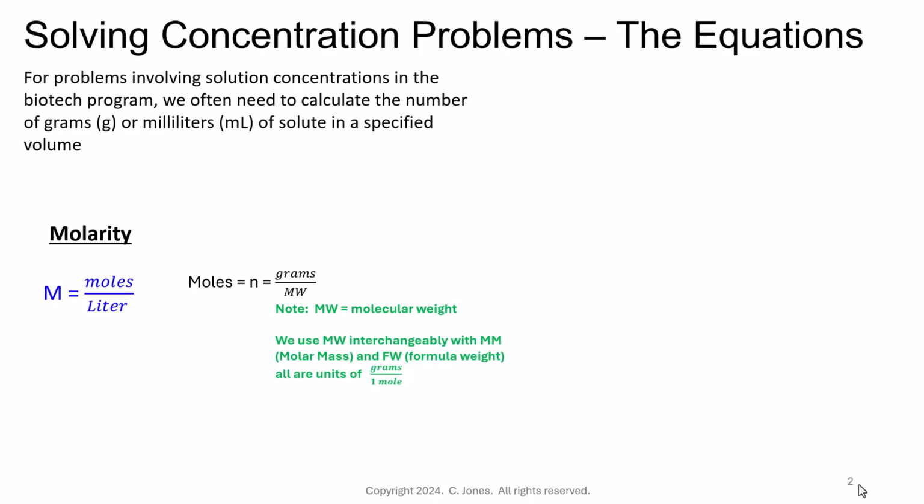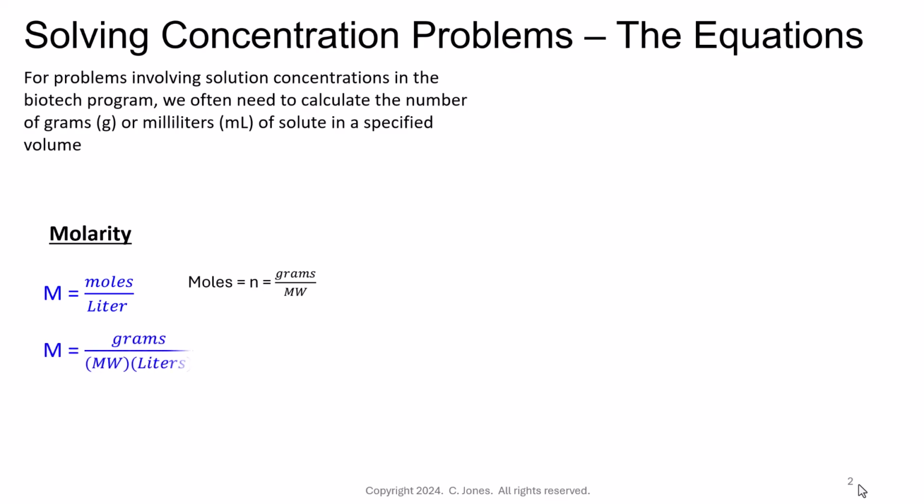Those are the ways that you can determine the molecular weight. Or if all else fails and you know the chemical formula, using the periodic table and the atomic weights of each element in that molecule, you can manually calculate the molecular weight. So the molarity formula translates to molarity equals grams divided by molecular weight, because moles are grams over molecular weight, times liters.